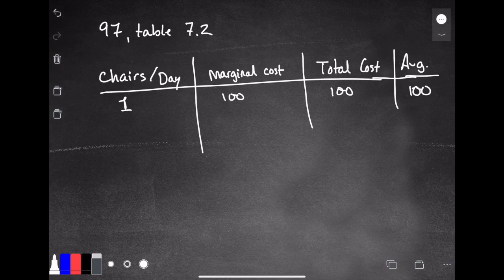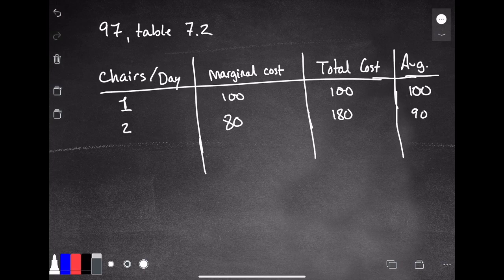Okay, if you make 2 chairs per day, you could make 2 chairs for a total cost of $180. If the marginal is the change in total cost, then the marginal cost of the second chair is only $80, and this brings your average down to 90.